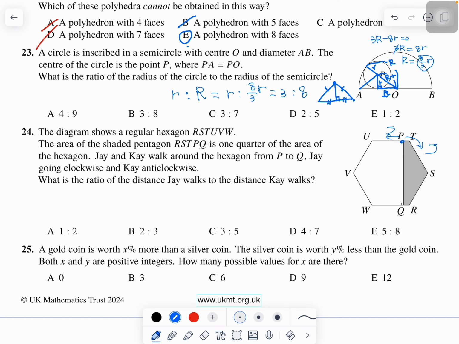So now we know this is 1/4 of the total. The exterior angle of the hexagon is 360 divided by 6, so this is 60. The 120 altogether, so divided by 2 is another 60. So this is 60, this is 60. So let's make it like this.